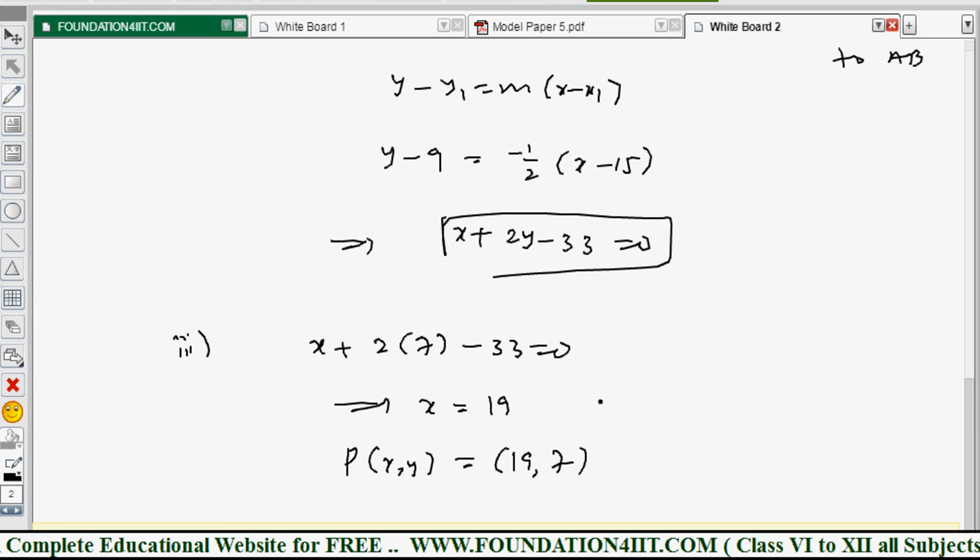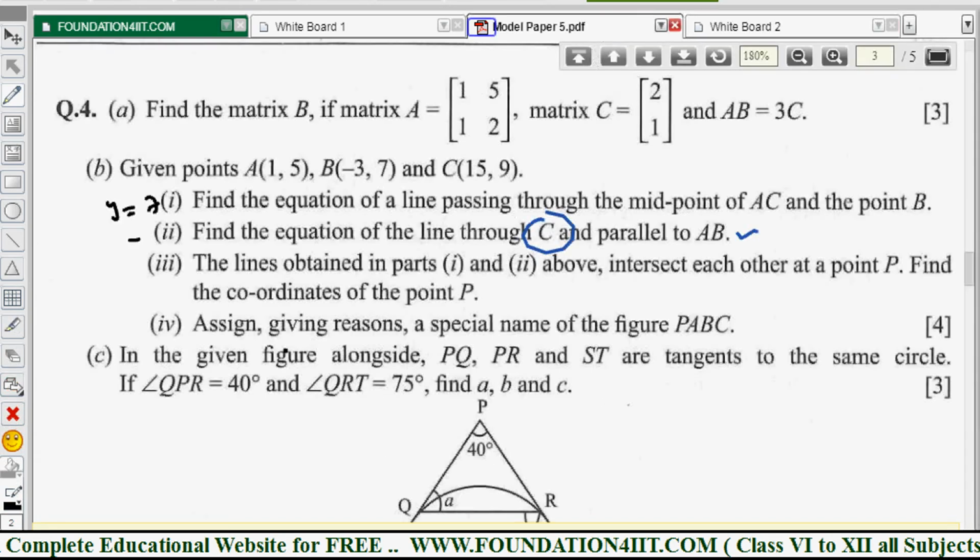Okay. And observe, assign a specific name with reasons to the figure PABC. If you observe exactly, AB is parallel to PC or not.